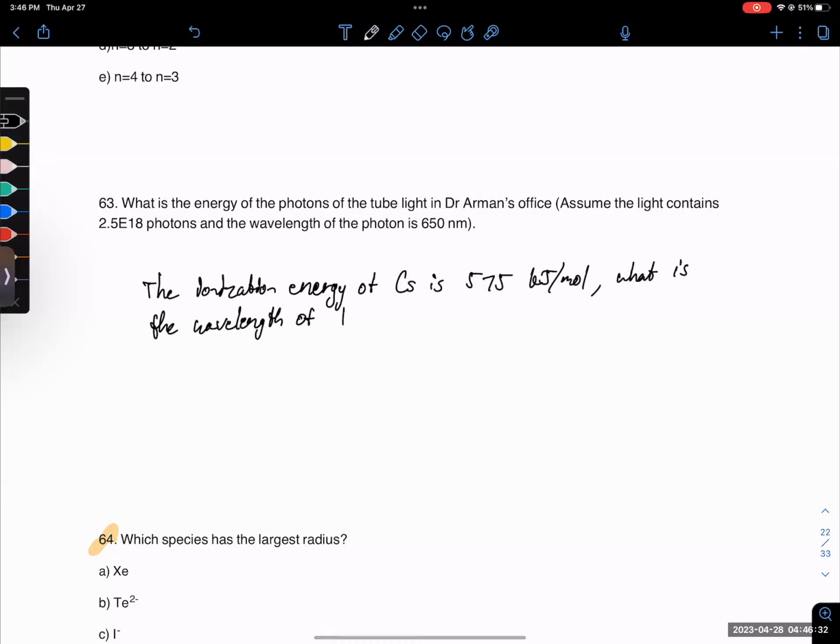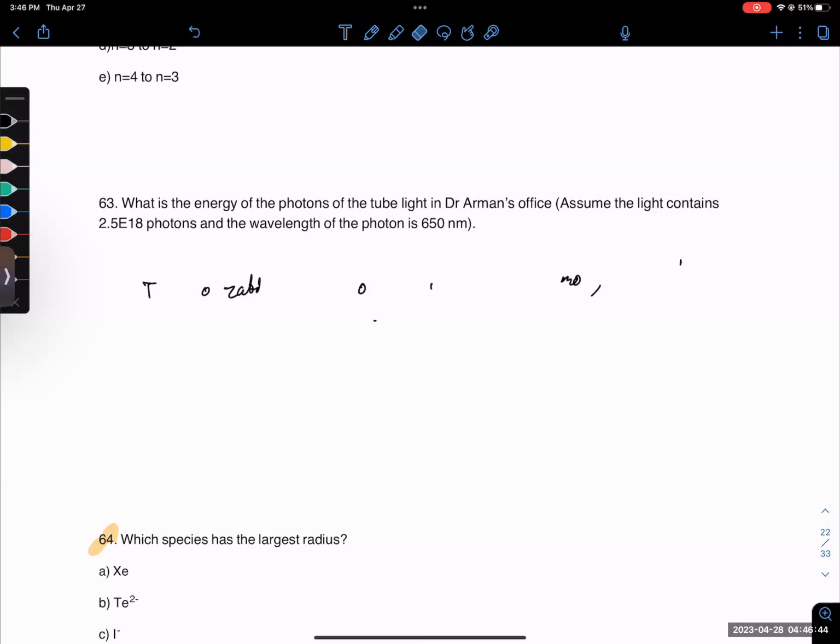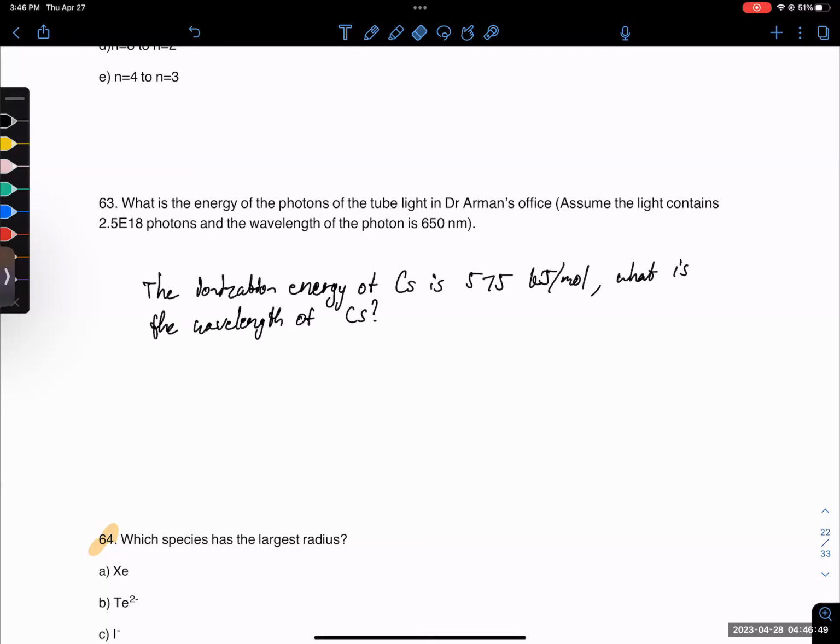Kennedy, what does that say? Someone read it out to Kennedy. All right, so the ionization energy of cesium is 575 kilojoules per mole. What is the wavelength of cesium?